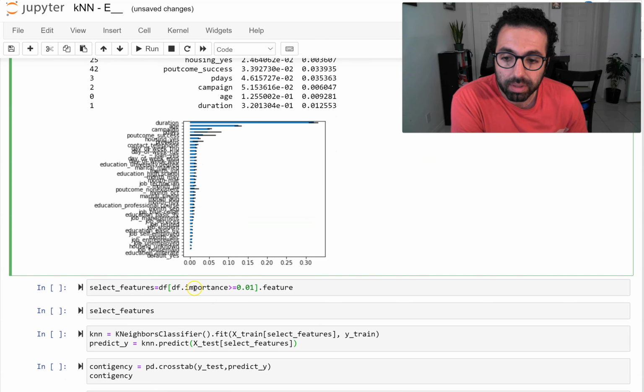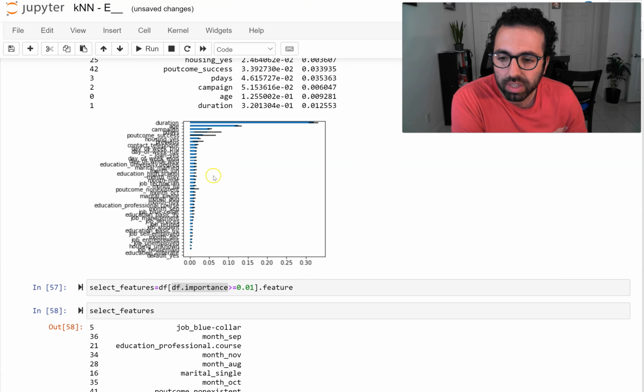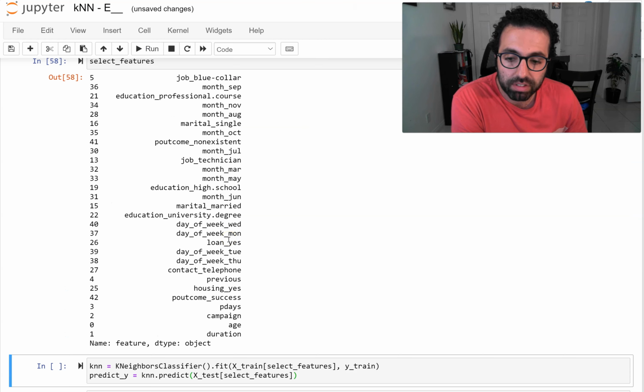So when the importance of the attribute is higher than or equal to 0.01, we use the feature, otherwise we discard it. So these are the selected features that we're going to be using for this classification.